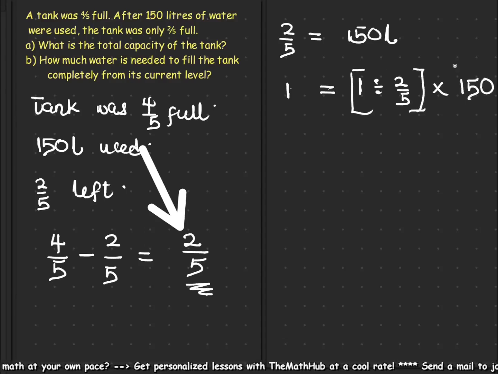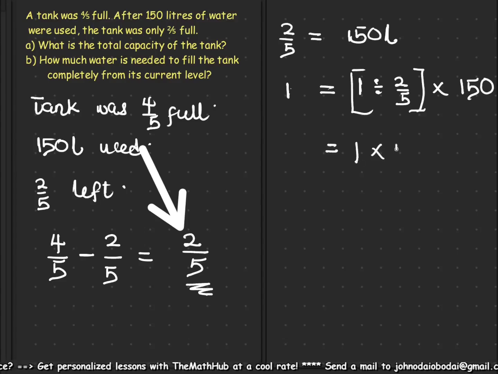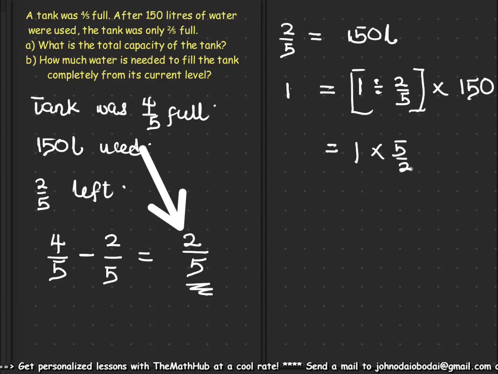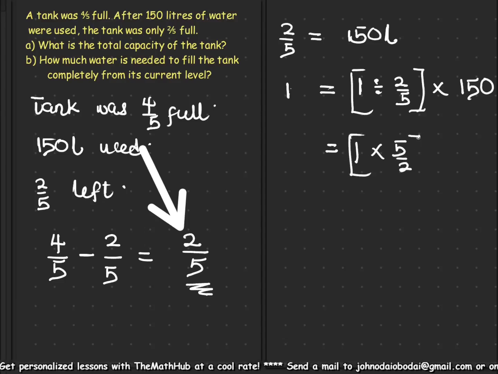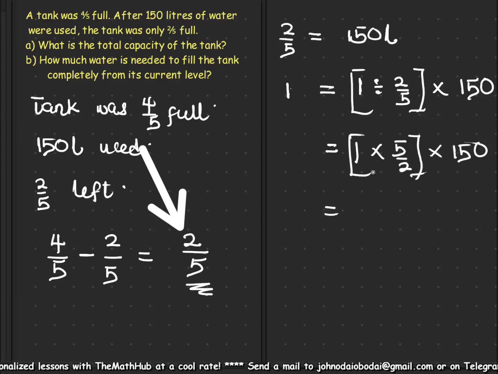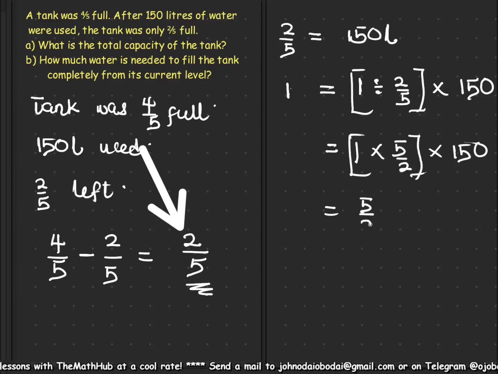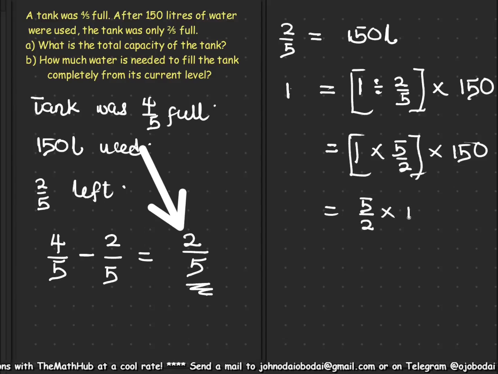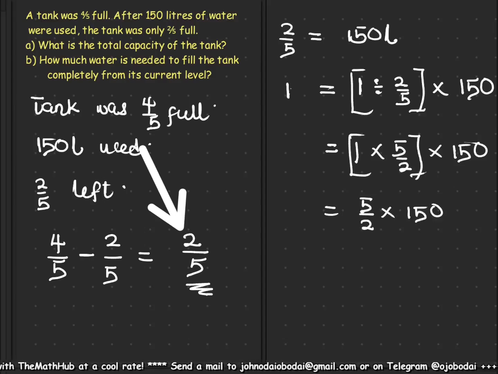If you have not done ratio and proportion and you don't understand this, it's fine. But if you have done it, I think you can relate to this. So solving our fraction, we have 1 times 5/2, then times 150. 1 times 1 times 5/2 gives us 5/2. Then we say times what? 150.